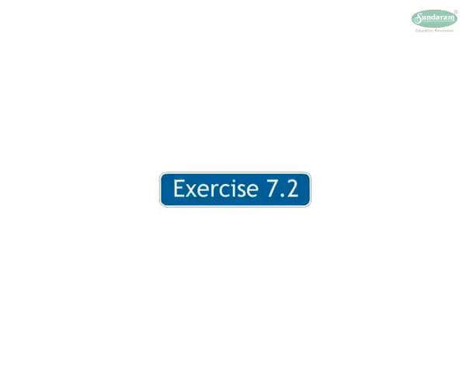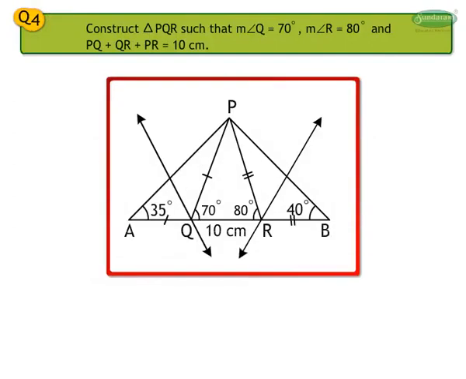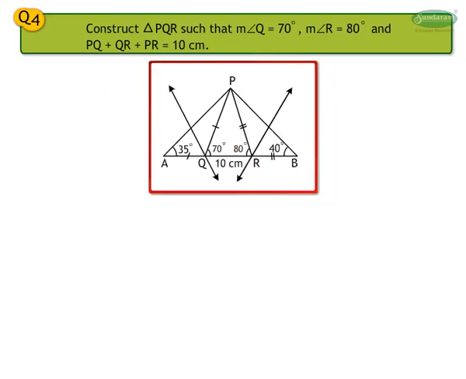Let us take example 4 from exercise 7.2 and see the steps of construction. Construct triangle PQR such that measure angle Q is equal to 70 degrees, measure angle R is equal to 80 degrees, and PQ plus QR plus PR is equal to 10 centimeters.